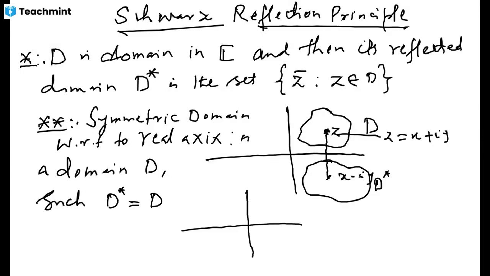For example, let me take the simplest example. If I take a disk with center origin of any radius, an arbitrary disk, then if you have any point Z here, its reflection will again be in the disk, and whatever point you choose, its reflection is going to be again back in the same disk.